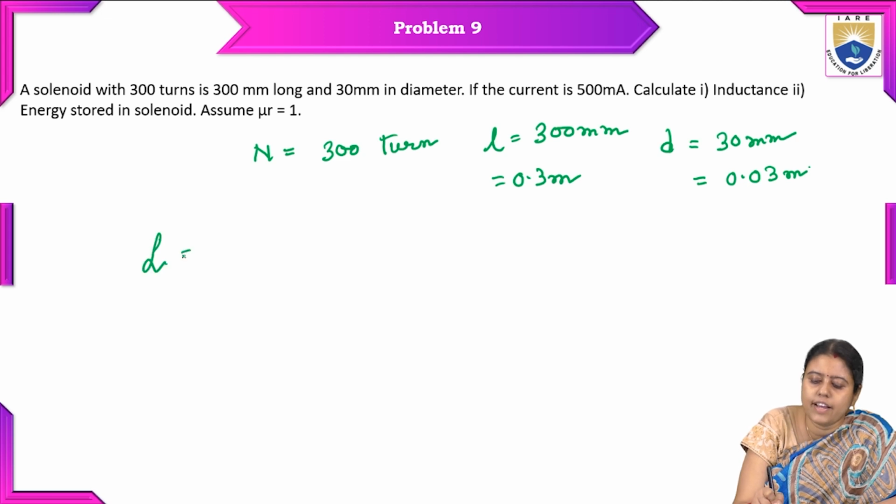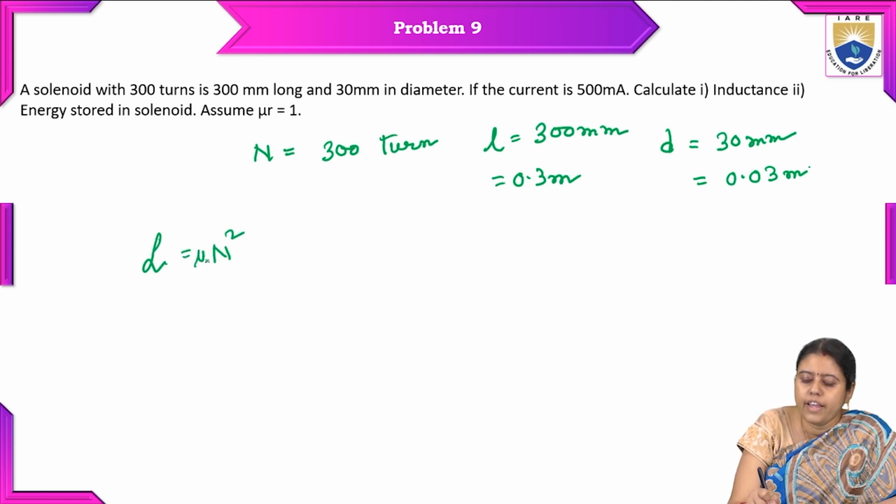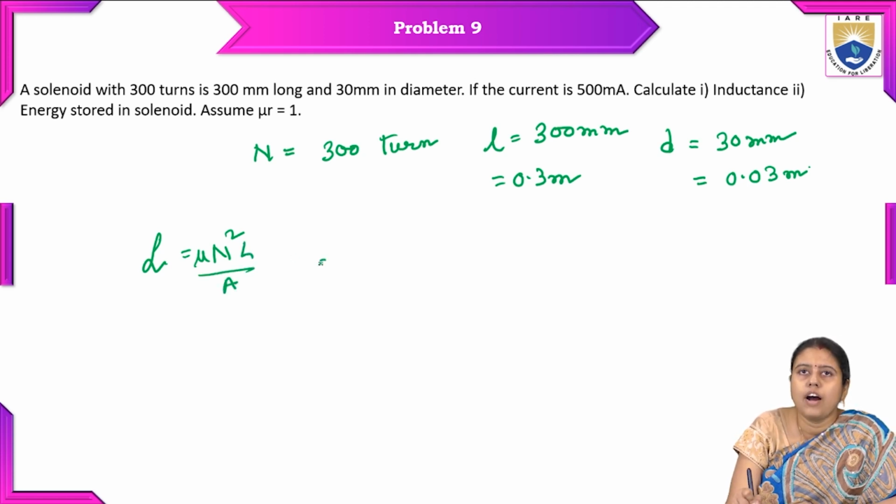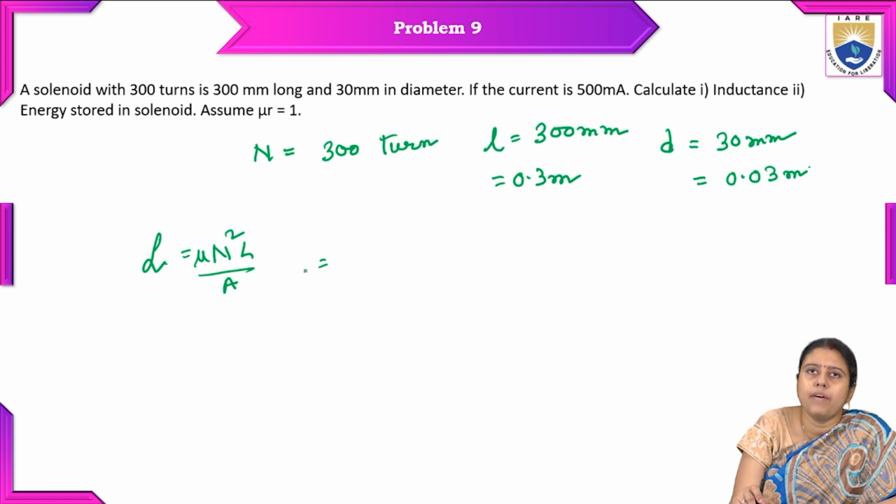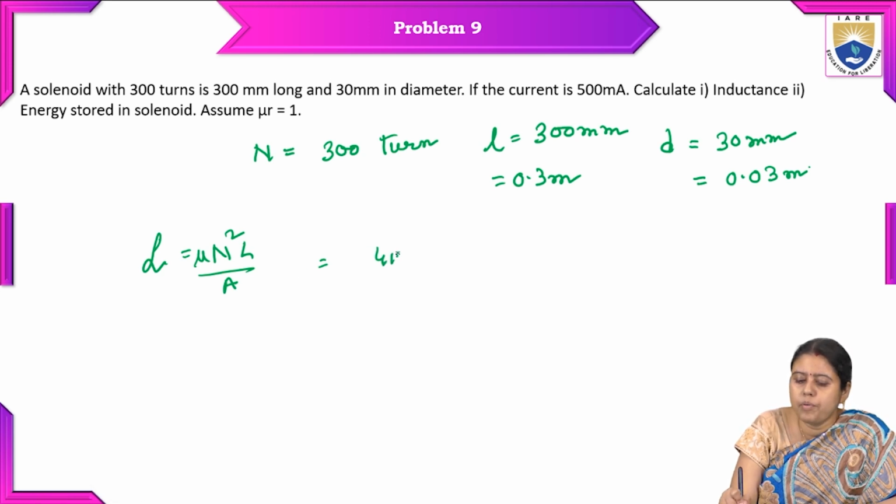So what is the inductance? Inductance is again mu n square A by L. Mu value is 4 pi into 10 to the power minus 7. N square is 300 square.